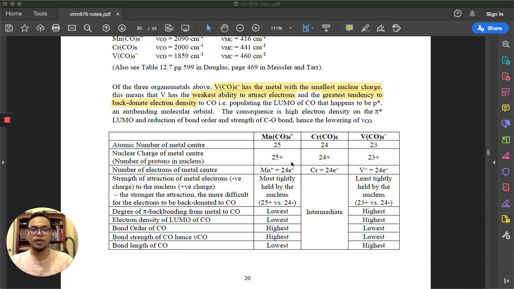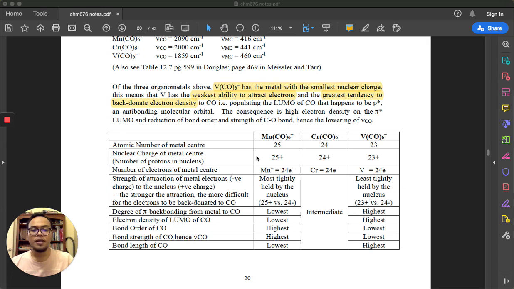So today we are going to learn a new thing in continuation with the previous topic that we covered last week. We had learned how to read the IR frequencies. We understood that from the frequencies we can tell how strong the bond is. This actually started with the nuclear charge.